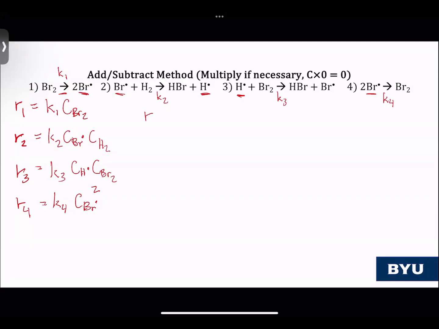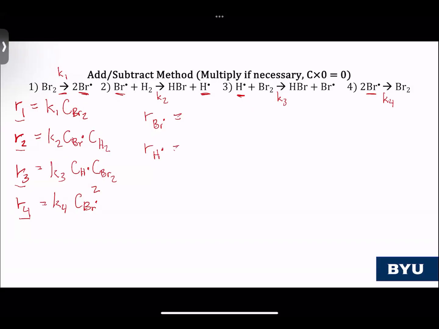What will the rate expression look like for my pseudo steady state species, the bromine radical and the hydrogen radical? Let's write it only in terms of R1, R2, and R3. Pause the video for a minute and see if you can write out the rate expressions. Okay, let's see how you did.